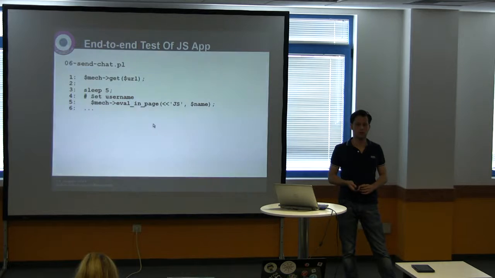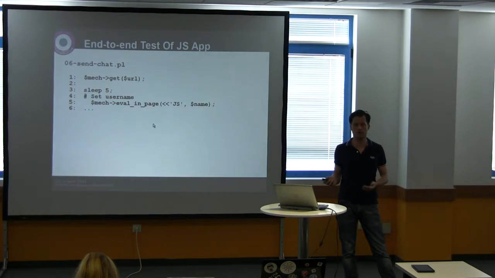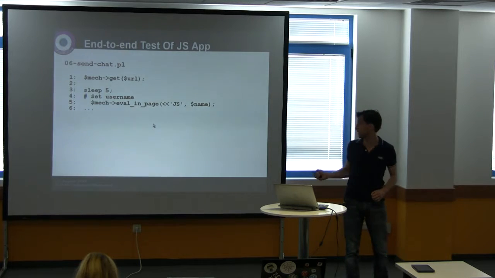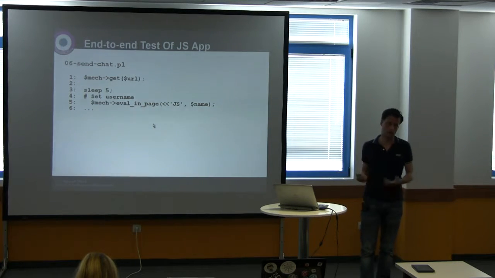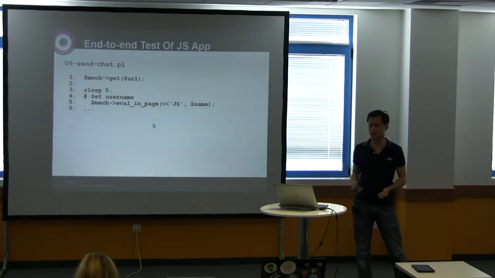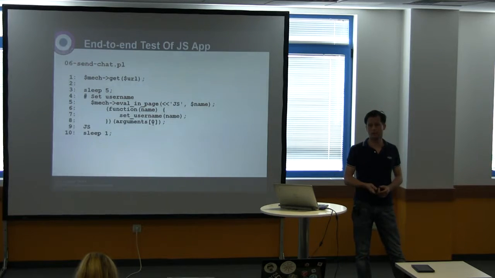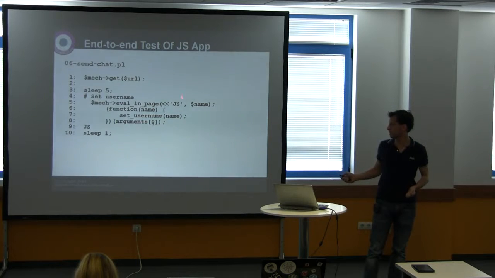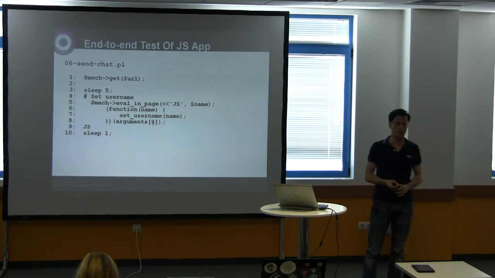The eval in page function in line 5 is just passed the JavaScript and the arguments as a list of variables, and then the JavaScript in the browser simply has all those Perl arguments available in the arguments array.